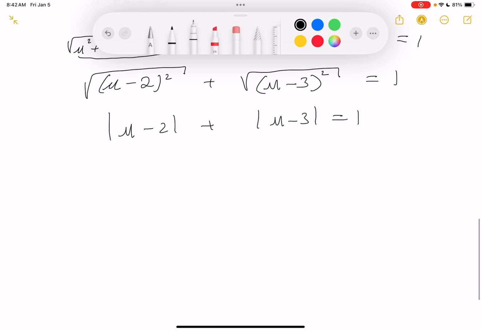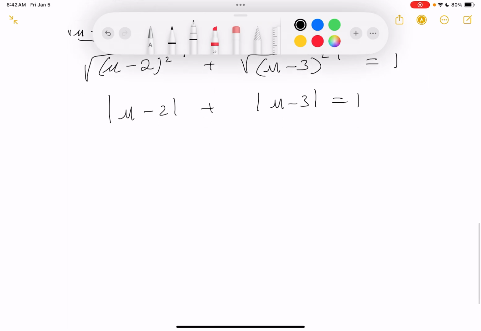So the way to simplify this, I've got to remove those absolute value symbols, and I've got to get cases down. One case I'm going to put down, the easy case, is where u is greater than 3. And if that's the case, what do you get? You get u minus 2 plus u minus 3 is equal to 1. You would get 2u is equal to 6, or u is equal to 3.